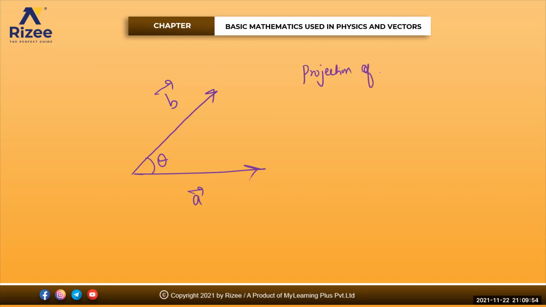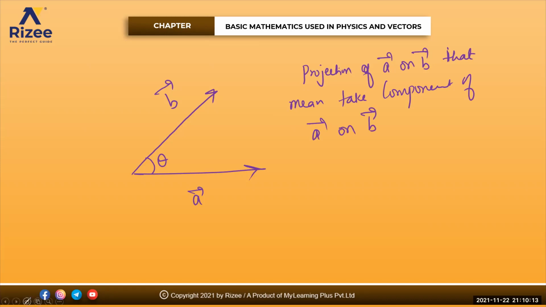So the concept is not clear. See, I'll tell you once again. This is the vector A bar, beta. This is the vector B bar. The angle between them is theta. If I'm using the word projection of A bar on B bar, that means take the component of A bar on B bar.